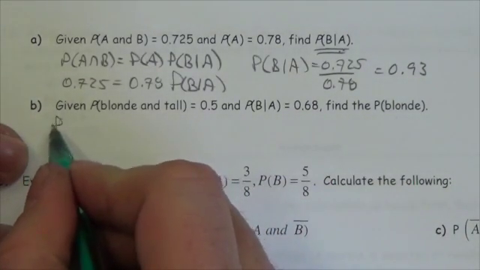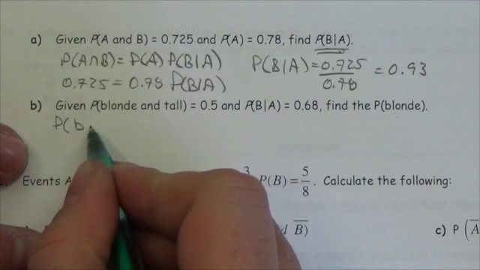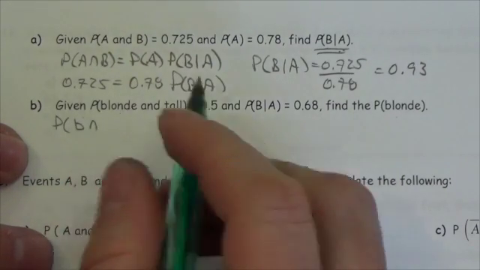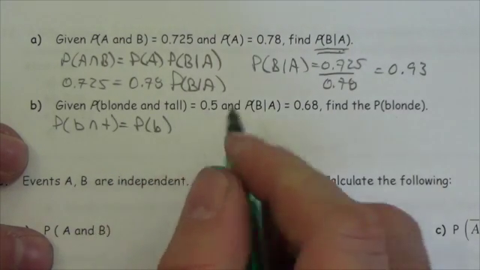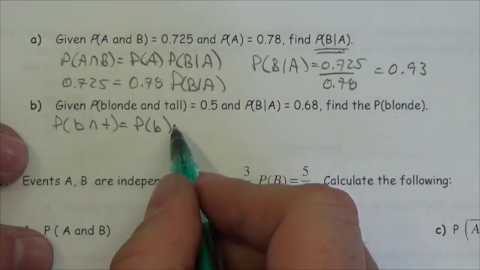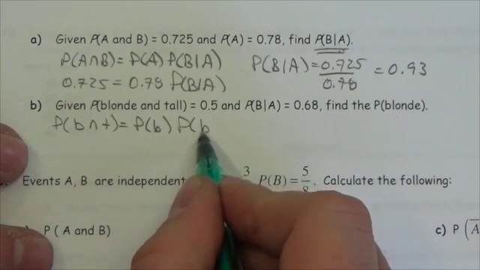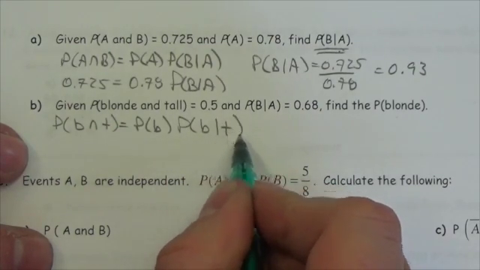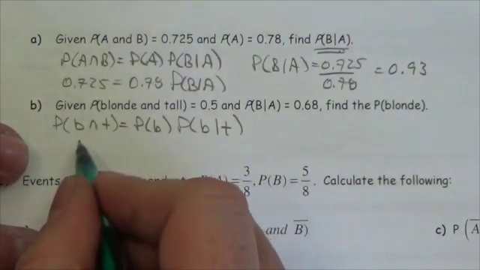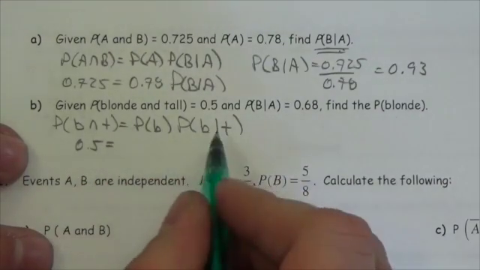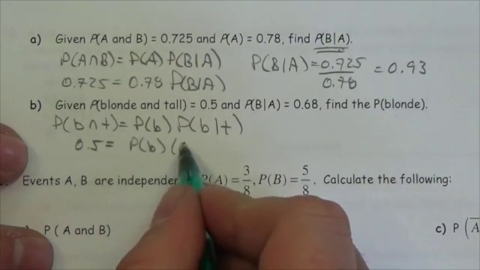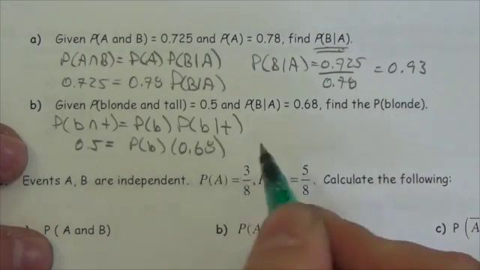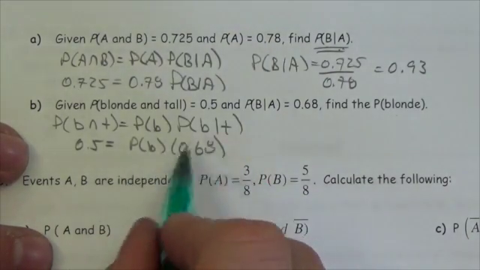Okay, so the probability of blonde and tall is the probability of being blonde multiplied by the probability of being blonde given that you're tall. So based on what I'm seeing here, this is going to be 0.5, we know that this is going to be 0.68. We were told that.